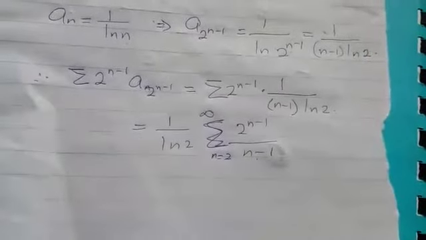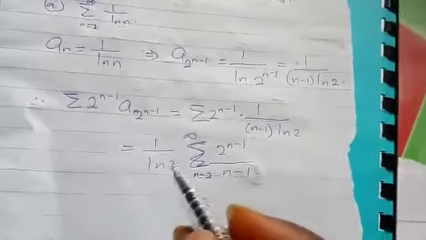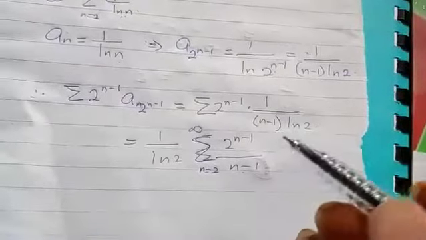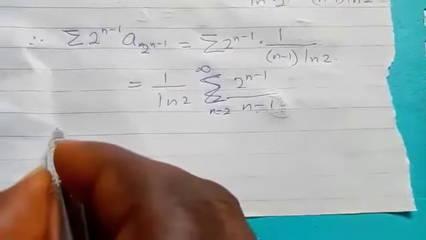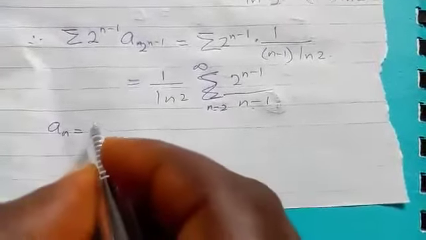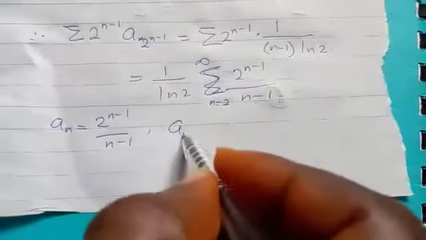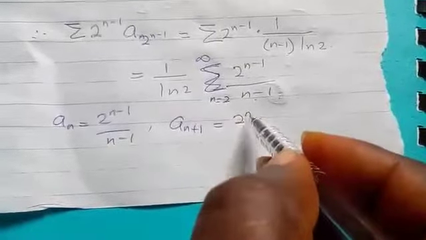Now our aim is to show whether this series converges or diverges. To do that, we need to make use of either the ratio test, or we can apply the comparison test. If you apply the ratio test, we know that our a_n is 2^(n-1) over (n-1). Definitely our a_{n+1} here will be equal to 2^n over n.